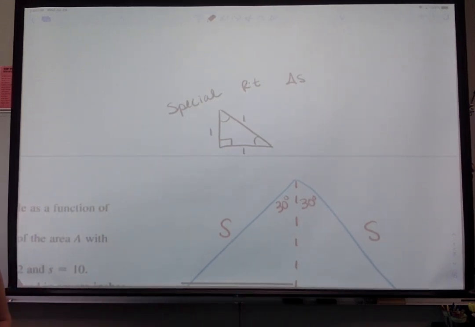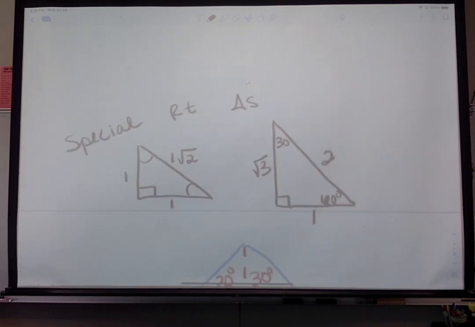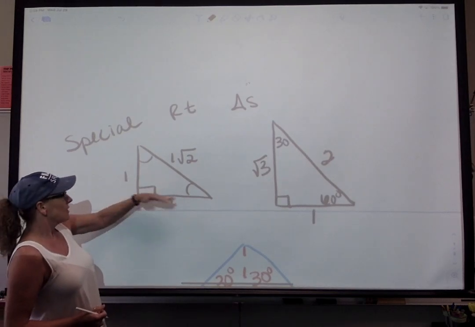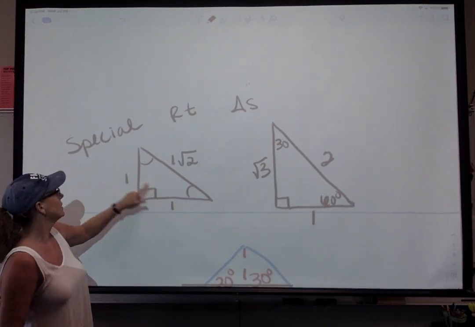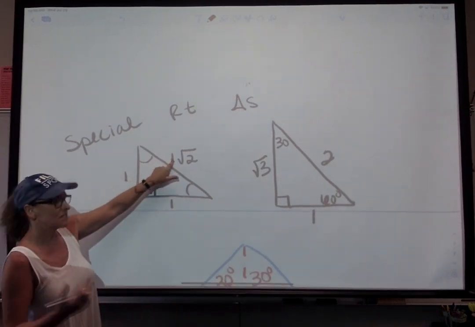The hypotenuse is 1 times the square root of 2. And on a 30-60-90, it's 1, 2, square root of 3. So whatever the length of the leg is, say it's 7, if this is 7, this is 7, this is 7 times radical 2.